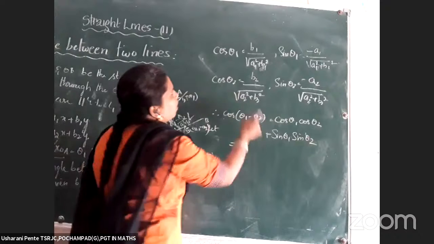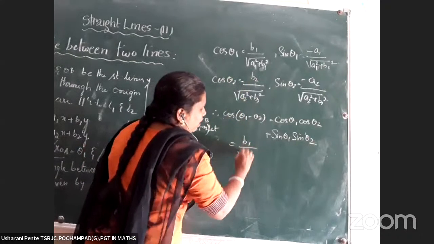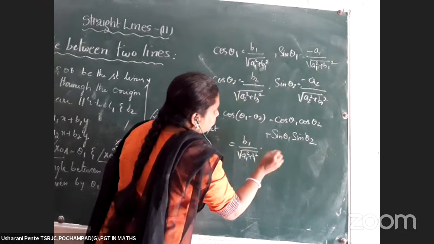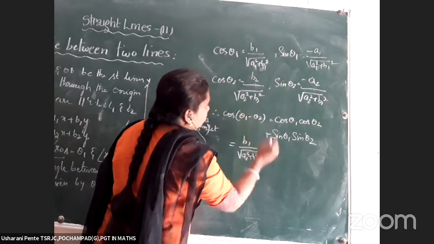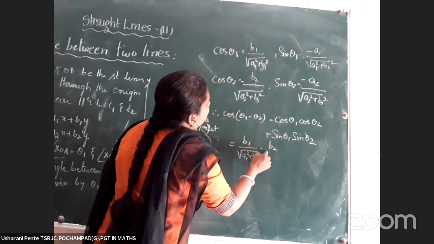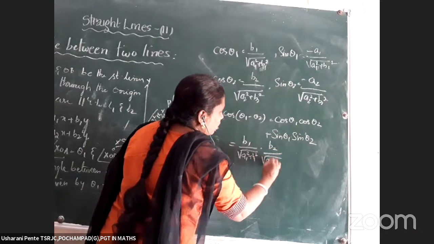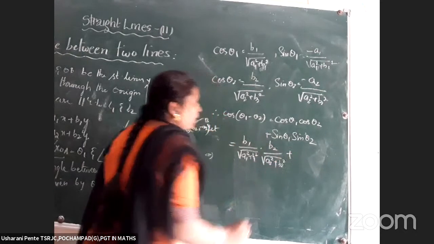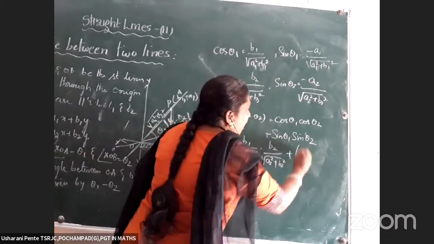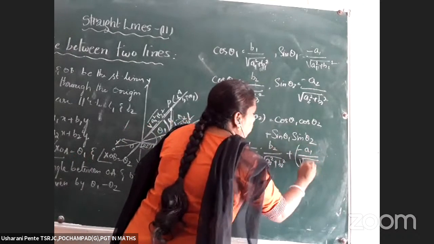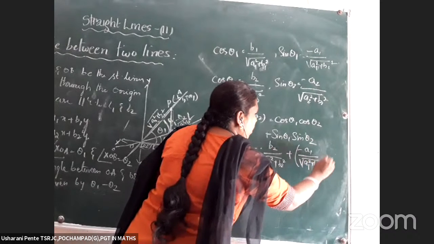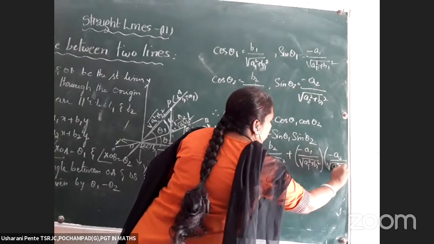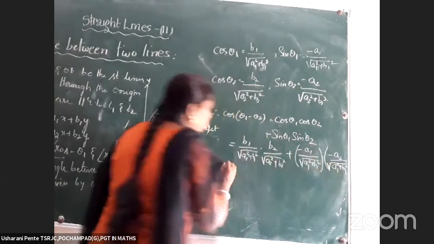Cos theta 1 is B1 by under root of A1 square plus B1 square, into cos theta 2, which is B2 by under root of A2 square plus B2 square, plus minus A1 by under root of A1 square plus B1 square into minus A2 by under root of A2 square plus B2 square.